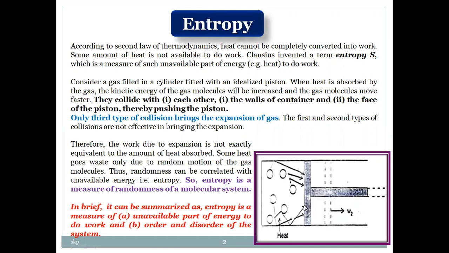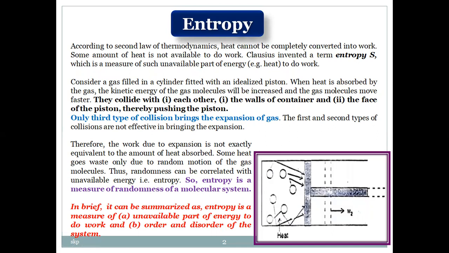Among these three types of collisions, only the third type, where molecules collide with the piston, will result in expansion of the gas. The other two collisions, with each other and with the walls of the container, are not able to expand the gas.